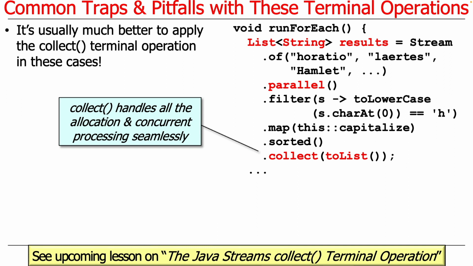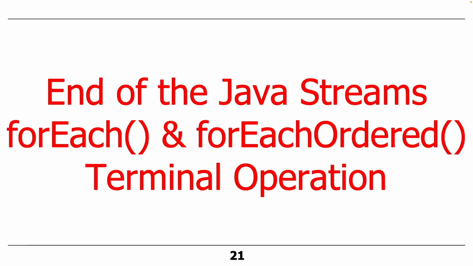You don't have to worry about race conditions, and it's way cleaner and more concise. So as a good rule of thumb, try to use the collect family of terminal operations for things like this rather than using forEach with some kind of side effect to a thread-safe collection. So that's the end of the discussion of forEach and forEachOrdered.